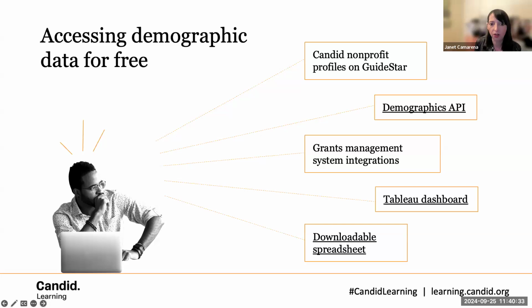We also make the demographic data available via an API, which means it can be easily integrated into a funder's grant-making process, pre-populating this data, so nonprofits don't have to keep entering it every time they apply to a different funder.